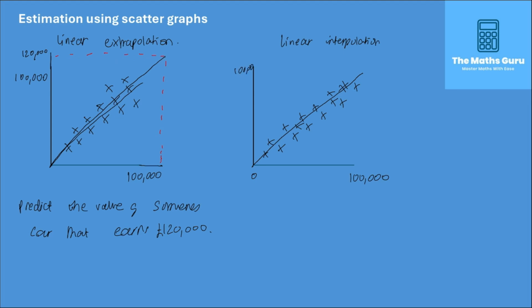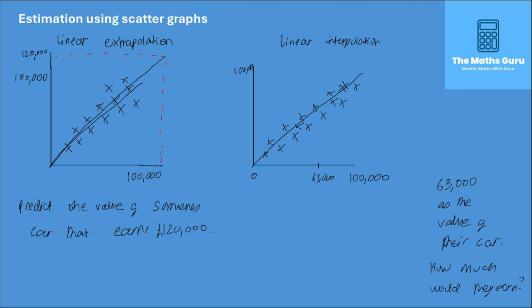Say we wanted to find out someone's value of 63,000 as the value of their car, right? And we wanted to see how much you would predict they earn. Okay, using this model that we have in our graph, we can then draw 63,000 here.